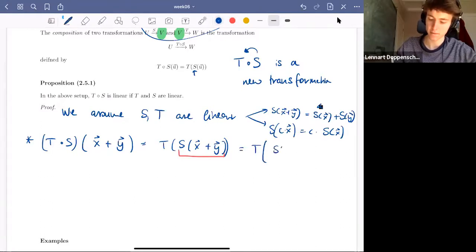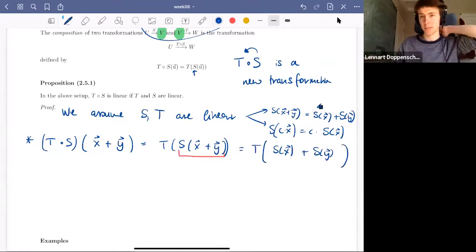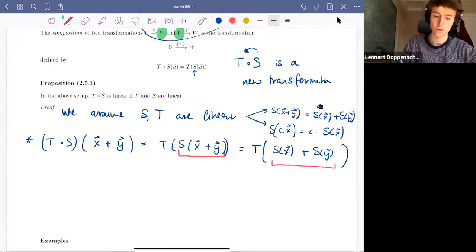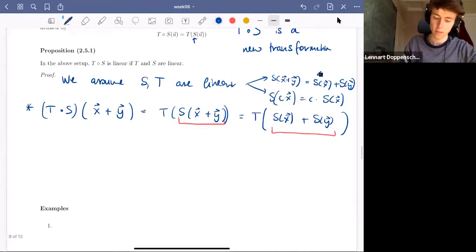This is T of S of x plus S of y. And now we have T applied to a sum of two vectors. So now we apply the linearity assumption for T to this sum. And then what we get is T of S of x plus T of S of y.